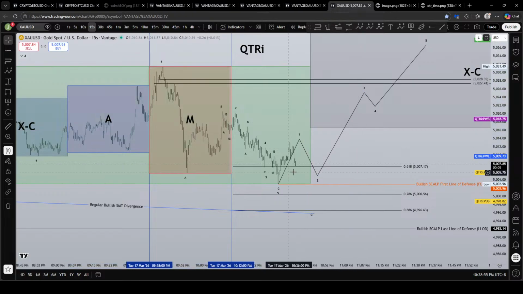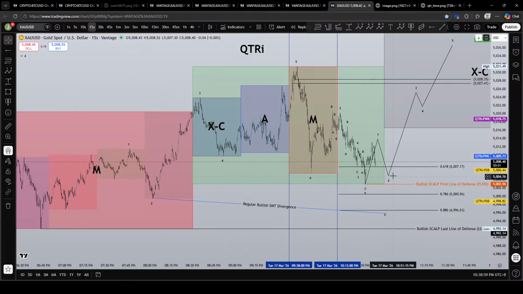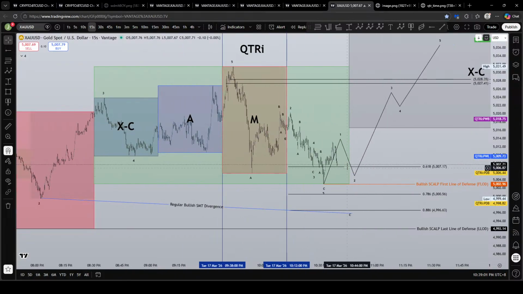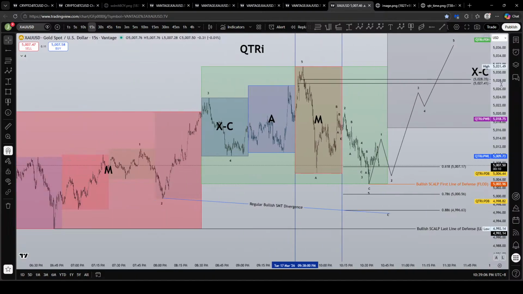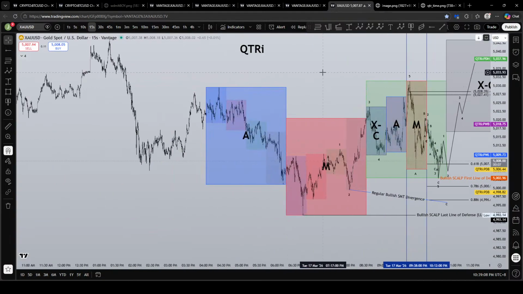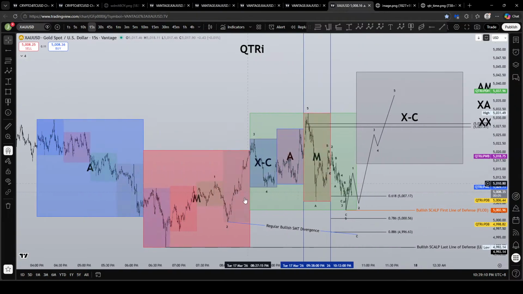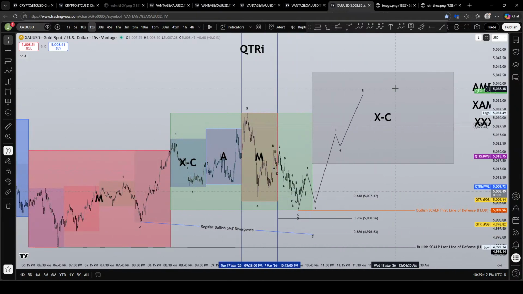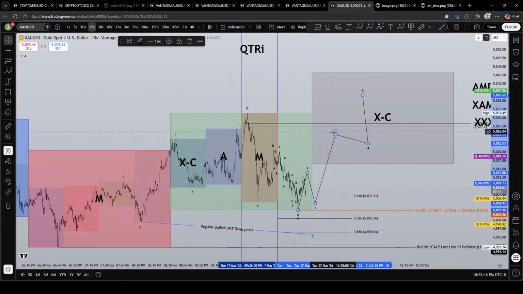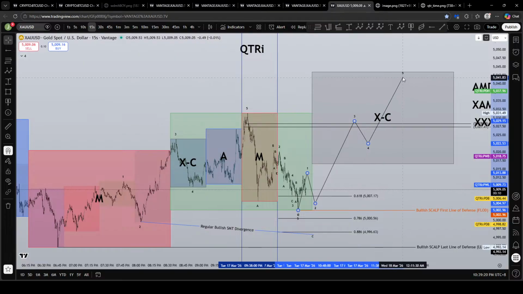So if this one creates a successful wave 2 without breaking this low, then we may see another 5 waves up, or at least an ABC up, or it becomes an impulsive motive wave if ever the wave 3 here becomes an impulsive movement.